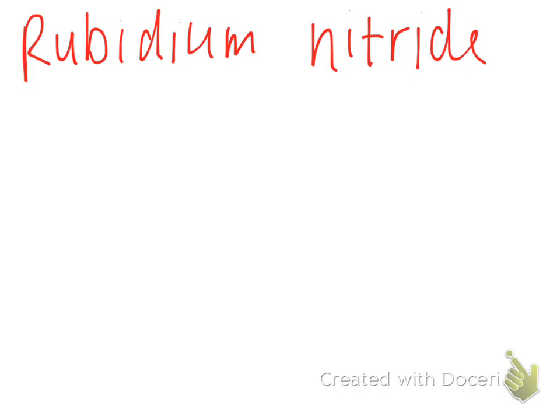All right, rubidium nitride. You're going to give me the chemical formula. I'm going to put a couple other up here. If I give you the formula, you're going to give me the name.